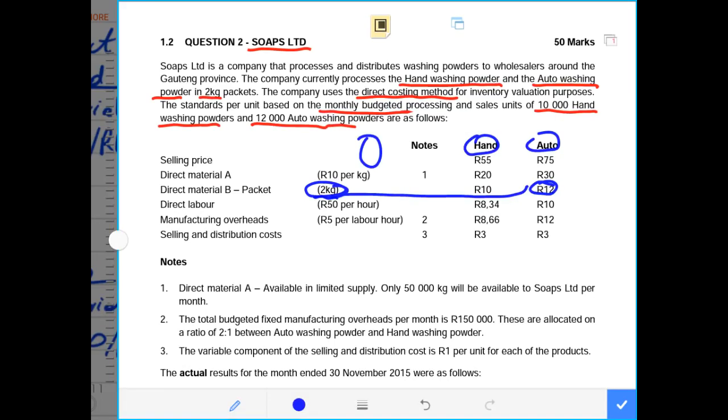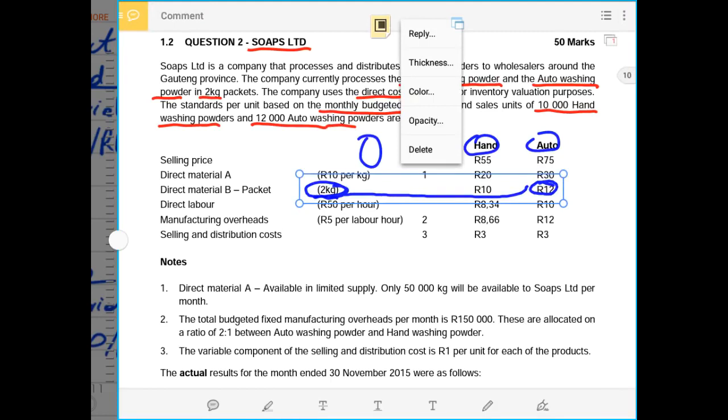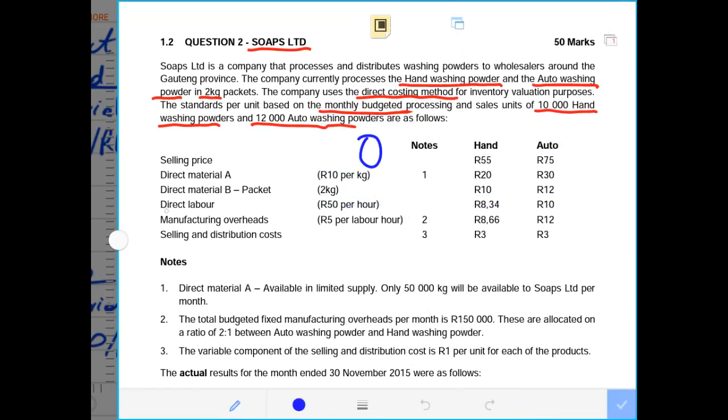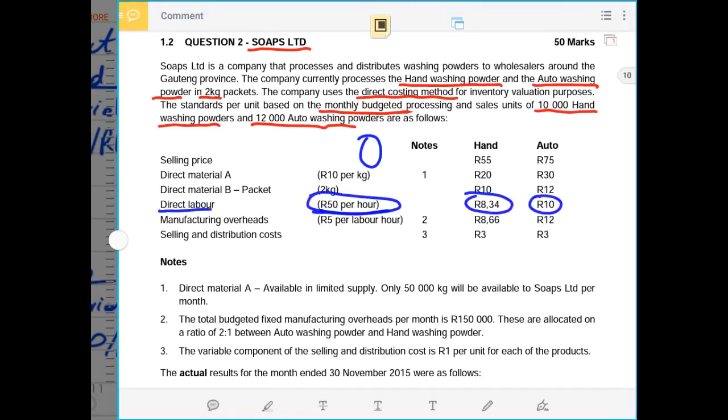The next stage, we are provided with the direct labor. And now when it comes to direct labor, we are told that direct labor is 50 rand per hour, which is 8 rand 34 per unit and 10 rand per unit. However, employees are being paid 50 rand per hour. So now we need to know the number of hours it takes to complete 1 unit, because we don't know the number of hours, but we only know the rate and the cost per unit.